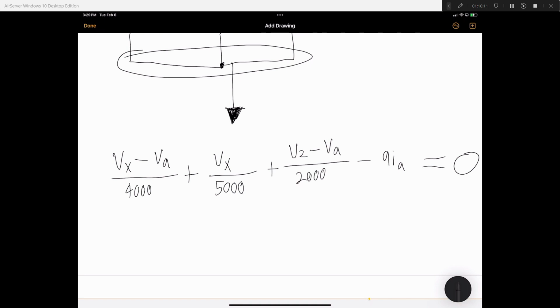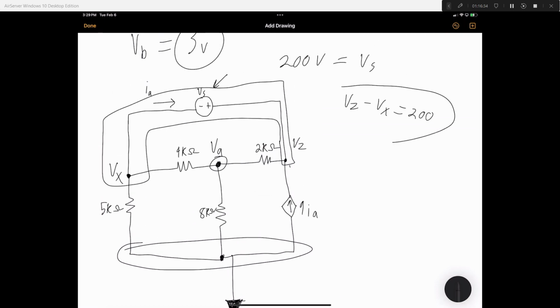Yeah, that's right. We have 3 more parts to these questions. Alright, so now that we have our KCL, to note, this equation here is the equation for the constraint for the supernode.